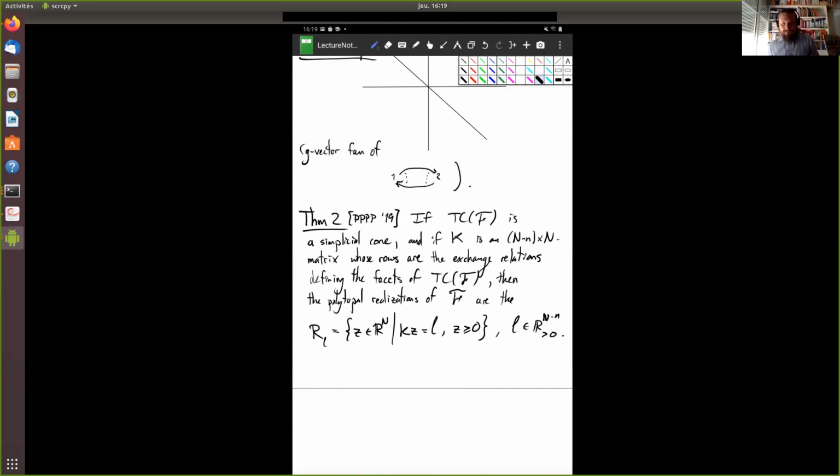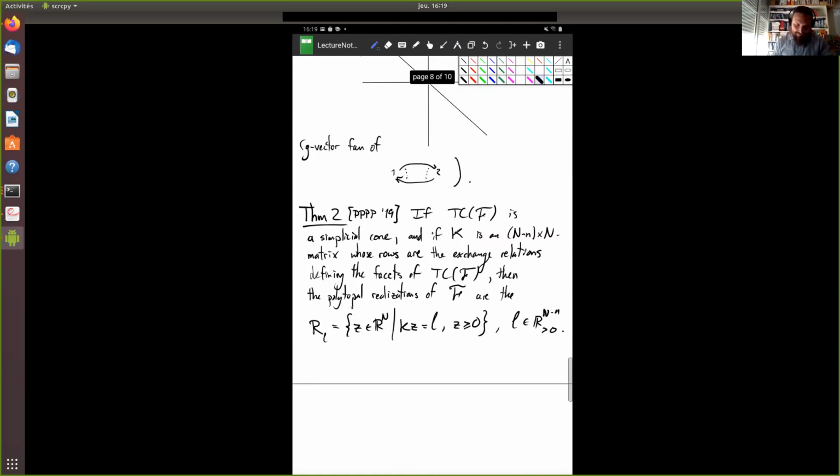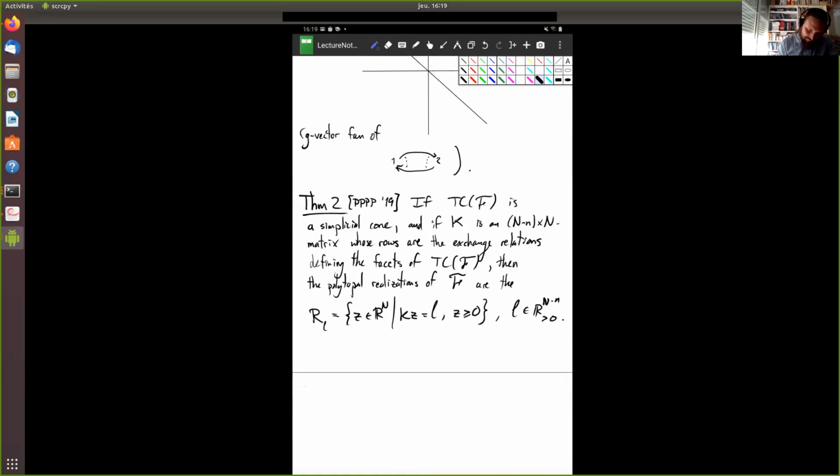So for the G vector fan in Dynkin type, each of these is a generalized associahedron, and all of them are realized in this way, provided that the type cone is simplicial. So that's the consequence, the upshot.